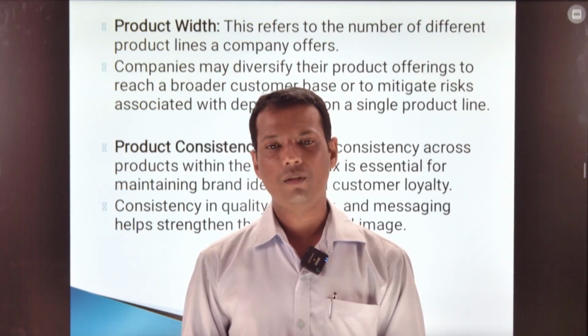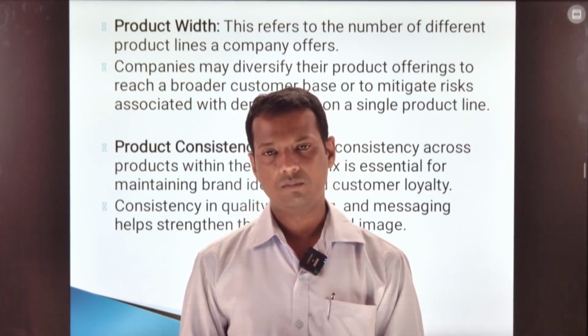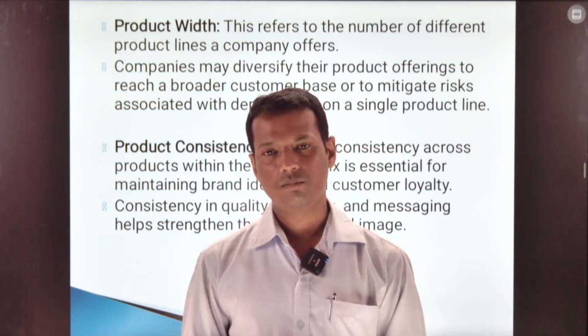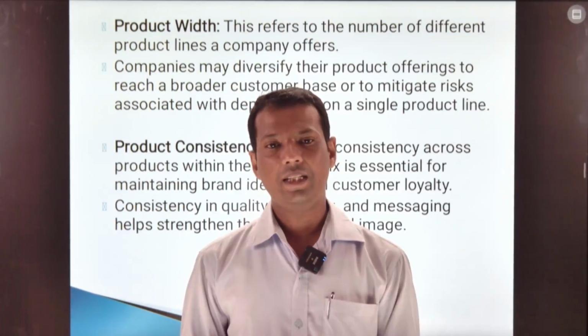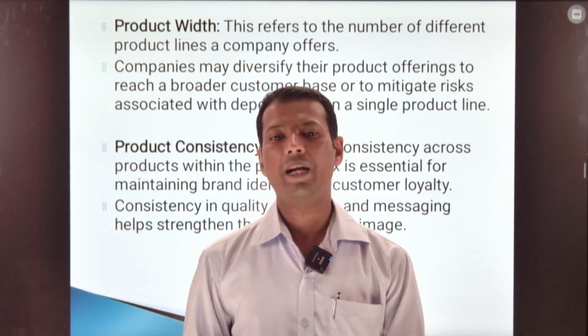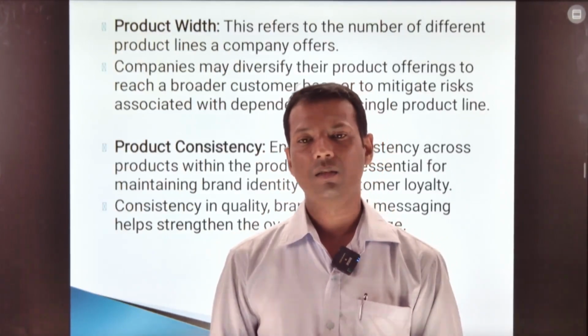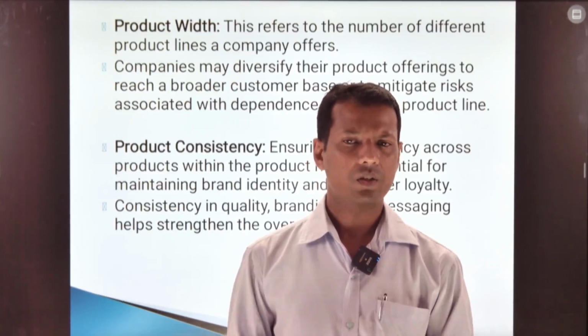The most important example is Nokia. You've seen that there was a consistency in the value for money product Nokia used to make. And that is why it tried to maintain its brand identity, and customers were extremely loyal.